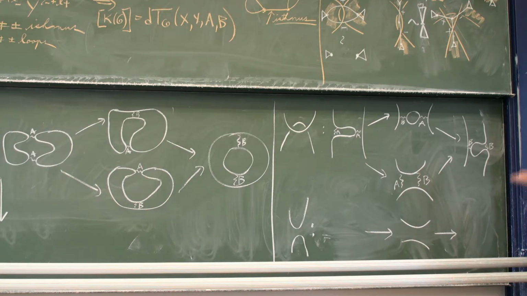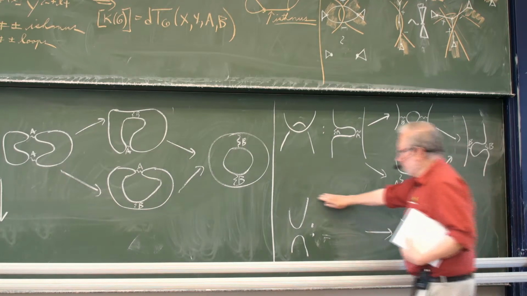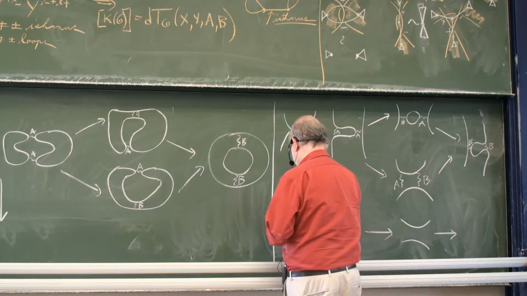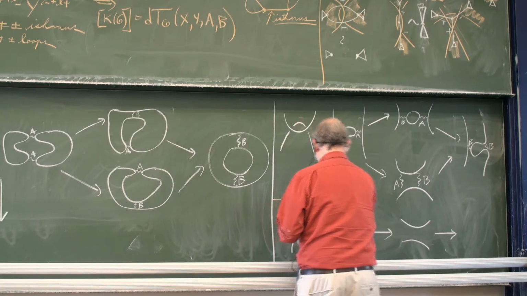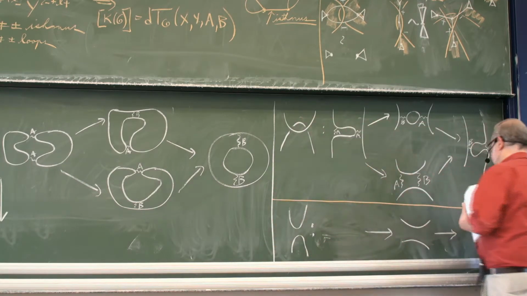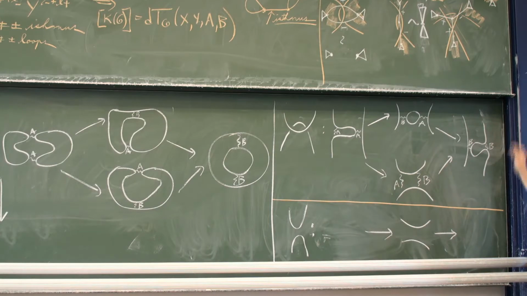So there should be some comparison between the upper category, which has these extra objects and arrows, and the lower category, which is very simple. And remember, we're pretending that we don't know what the formulation was beyond this point.